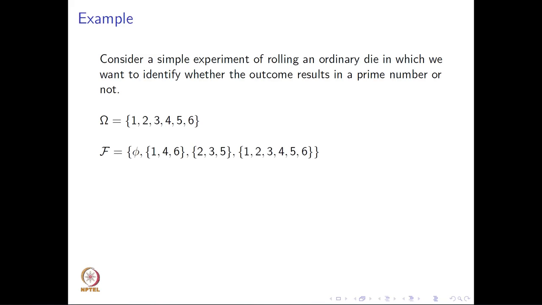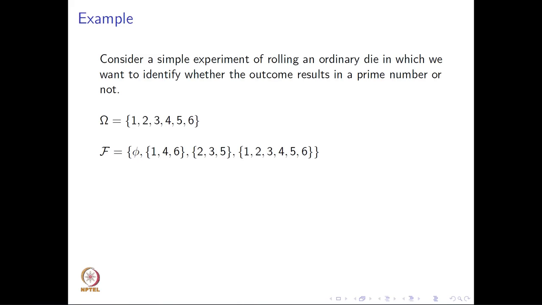Note that since the sample space is finite, we might as well consider all possible events, that is, the power set of the sample space. However, note that the problem dictates that we are only interested in 2 possible events, that is, whether the outcome is prime or not. Thus, restricting ourselves to these 2 events, we can construct a simpler sigma algebra. Here we have 2 events which correspond to the events we are interested in, and the remaining 2 events follow from the properties which the sigma algebra has to follow.